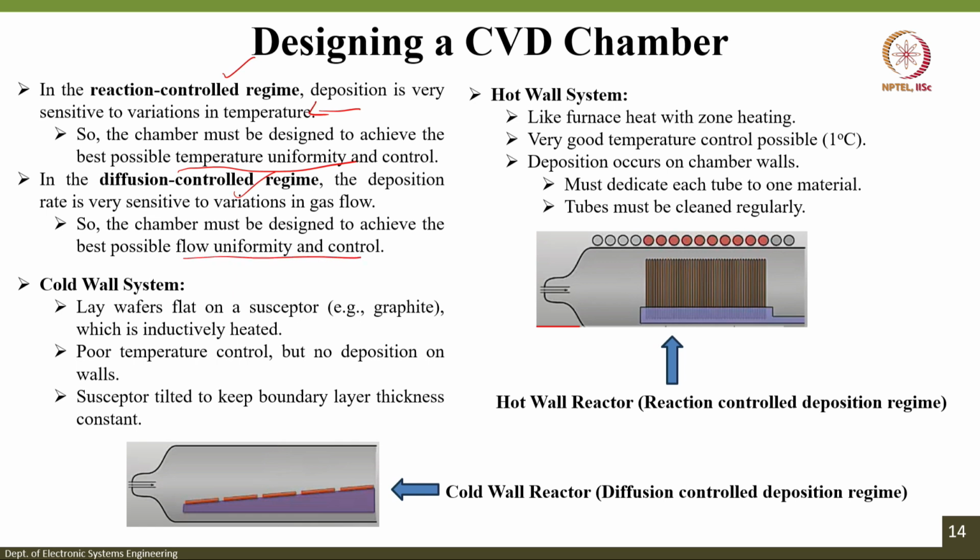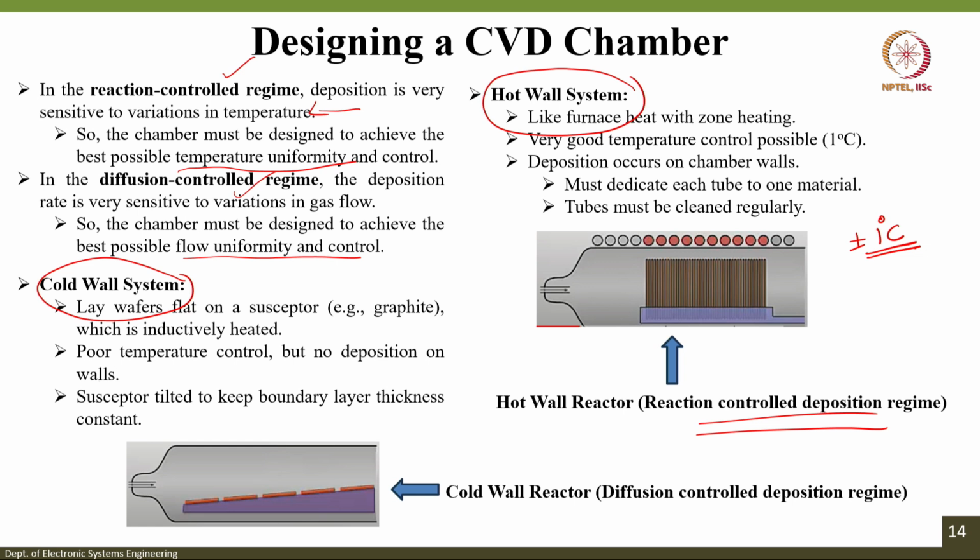So, these are the two types of CVD chambers or reactors, a hot wall reactor and a cold wall reactor. The hot wall reactor is maintained so that temperature control up to about 1 plus or minus 1 degree Celsius is possible, whereas in a cold wall reactor the main concern will be to ensure uniformity in the flow of precursor molecules.